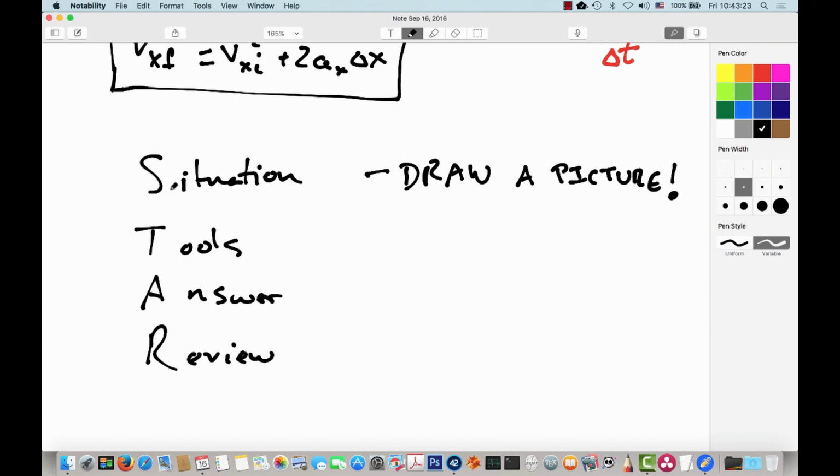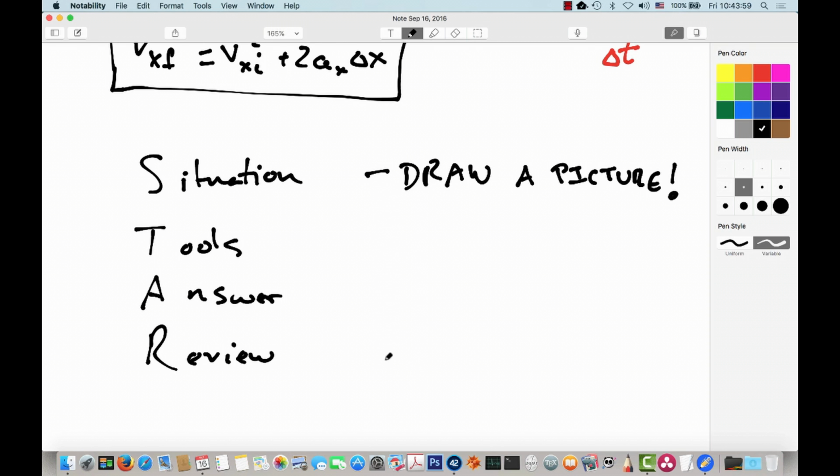Okay, this much here is physics. That's physics. The answer part really is mostly math. Do not put in any numbers except for 0, and solve for the thing you want on the left-hand side, everything else on the right. So this is just mostly doing a bunch of algebra. At the end, though, put in your numbers with their units and get a final answer. And then review it.